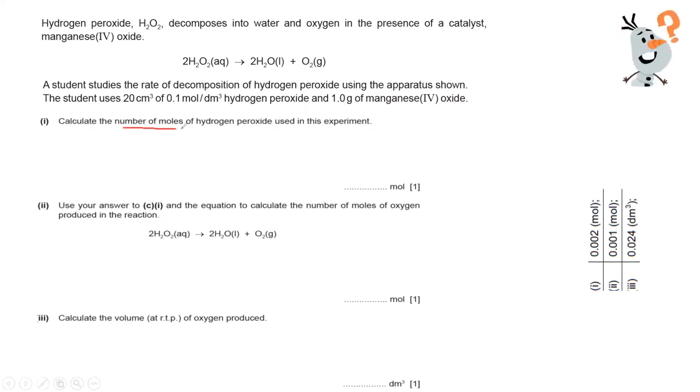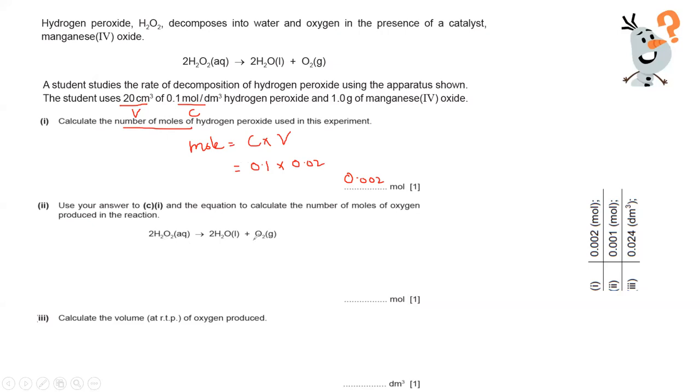First we have to find the moles; the volume was given, and the concentration is given. To get the moles, we use the formula concentration times volume. The concentration is 0.1 and the volume is 20 cm cube, which is 0.02 dm cube. When we multiply, we get the moles of hydrogen peroxide.